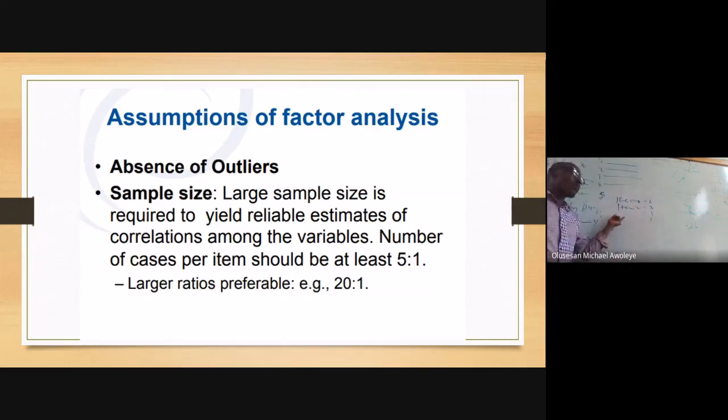So in a situation whereby you want to measure 16 items, the recommendation is telling us to let there be a ratio of 20 cases per item. So what will now be the sample size of our entire questionnaire?